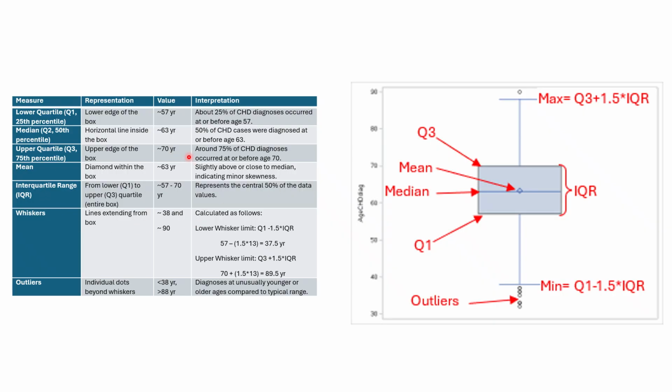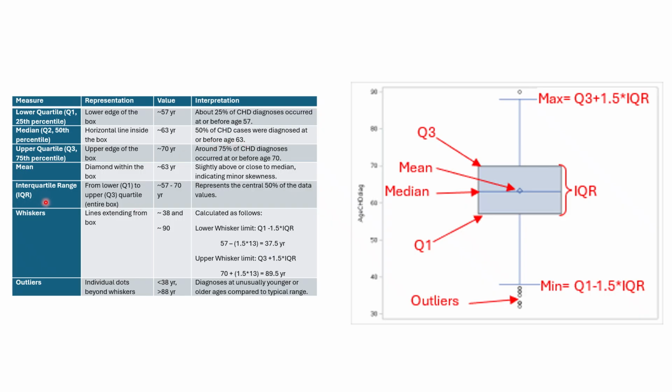And the interpretation of the third quartile or the 75th percentile or Q3 or upper quartile is that around 75% of chronic heart disease diagnosis occurred at or below age 70. Okay, and median, as we already discussed, is 63, which means that 50% of the chronic heart disease cases were diagnosed at or before age 63.